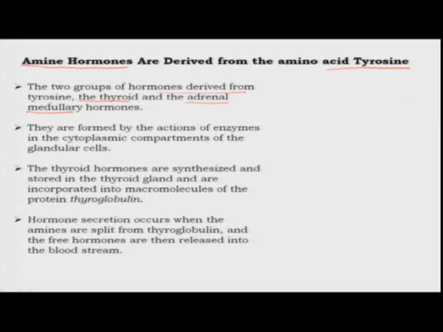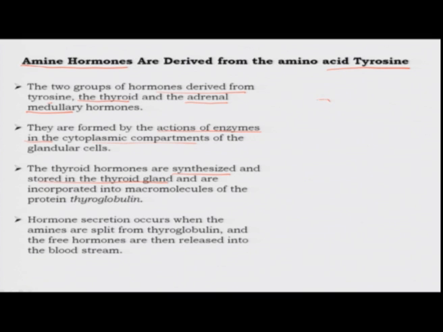Both these kinds of hormones, however, are produced from tyrosine through the action of a series of enzymes which are present in the cytoplasmic compartments of these cells. In the case of thyroid hormone, it is synthesized and stored in the thyroid gland.